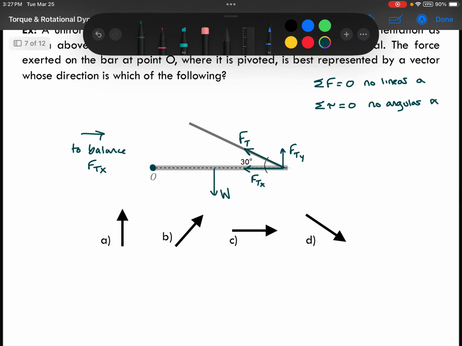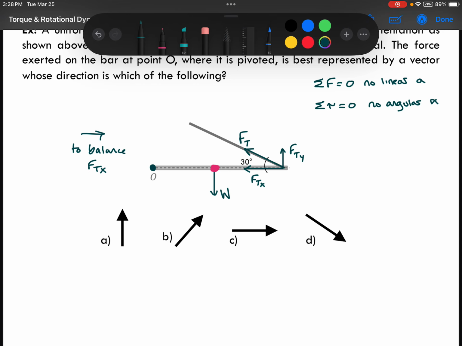And so let's imagine for the net torque to be 0, it should be 0 at any point along this rod. So let's move our pivot point to where the weight is acting, at half of the rod right here.